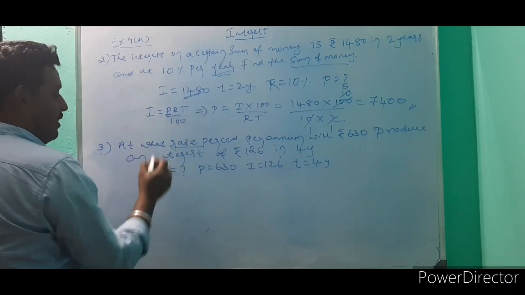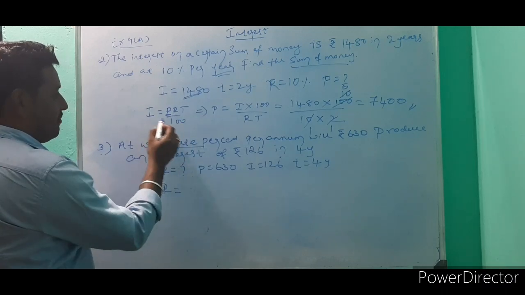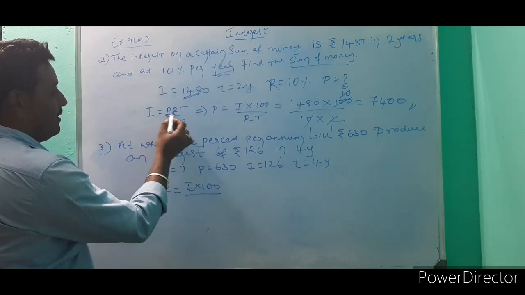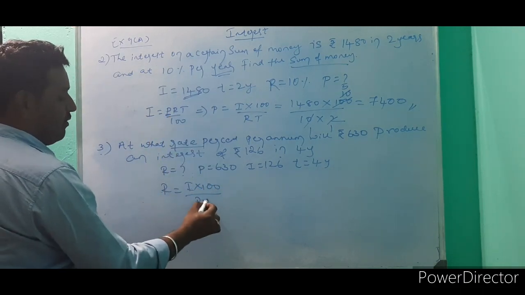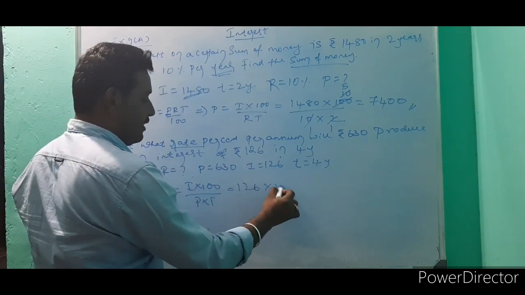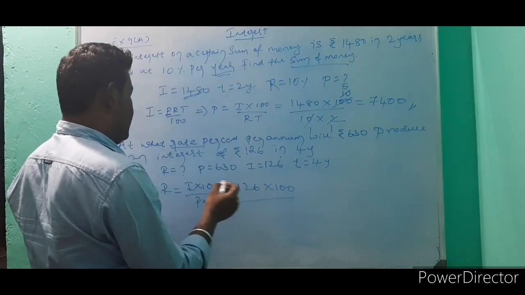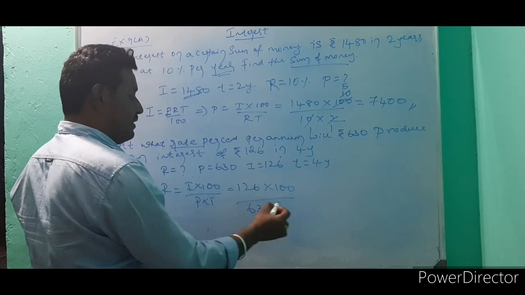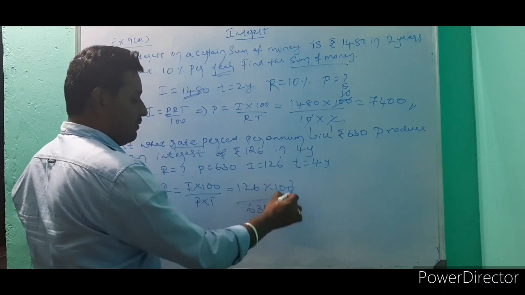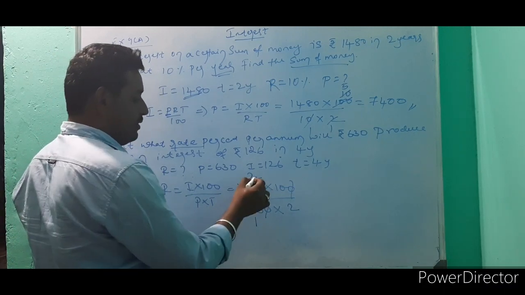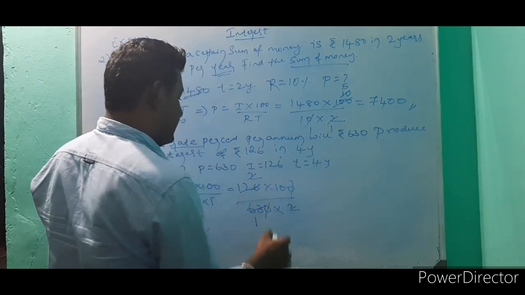So for the R value, you can interchange the formula. Look here. R you can take, you just multiply I into 100 divided by PT. I value is 126 into 100 divided by the P value, which is 630. Time is 2. 10 gets cancelled. 63 ones are 63, 2s are 2 will get cancelled.